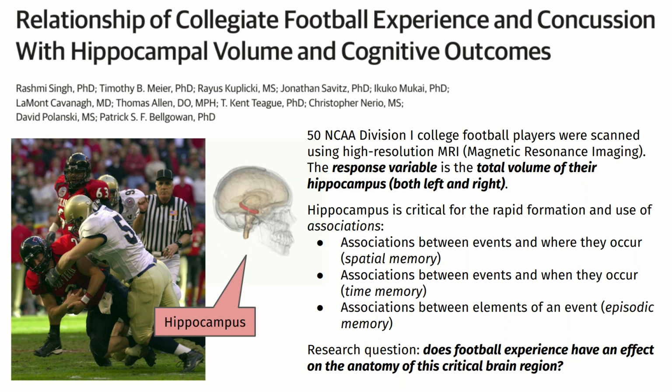So the hippocampus is critical for both forming and retrieving memories about our own experiences. And so, as you might imagine, this is a hugely critical function for these areas to serve. And our question is, does football experience have an effect on the anatomy of this critical brain region, the hippocampus?